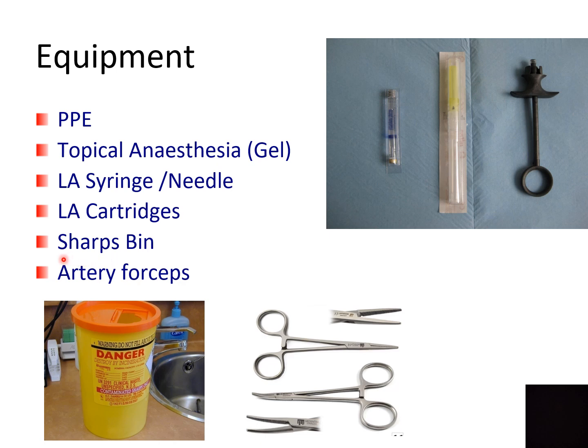You also need access to a sharps bin to dispose of your needle assembly as well as the used local anesthetic cartridges. And ideally, you should also have on your tray an artery forceps, either a straight or a curved artery forceps, also known as mosquito forceps, just in case the needle breaks when you're administering an injection in the mouth.